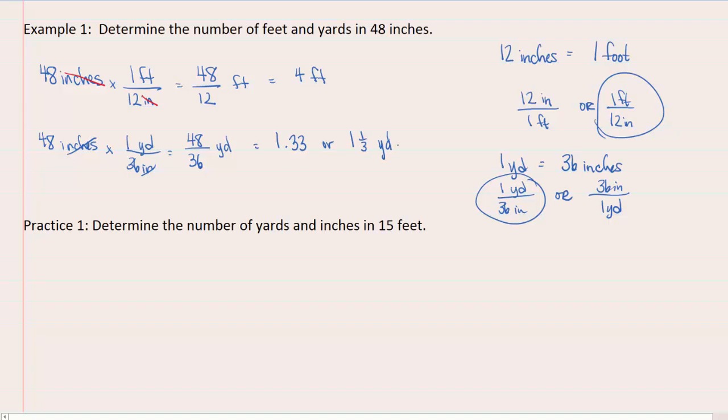You may also have reduced and found that you had 4 over 3. Remember, when you have an improper fraction such as 4/3, you must then find its mixed number counterpart, or 1 1/3. Now, try practice problem 1 on your own, remembering to pause the video.